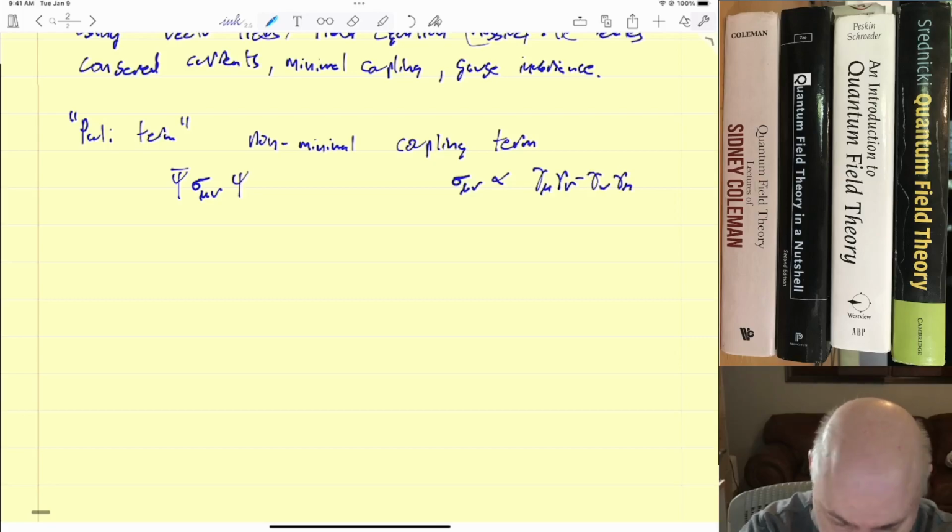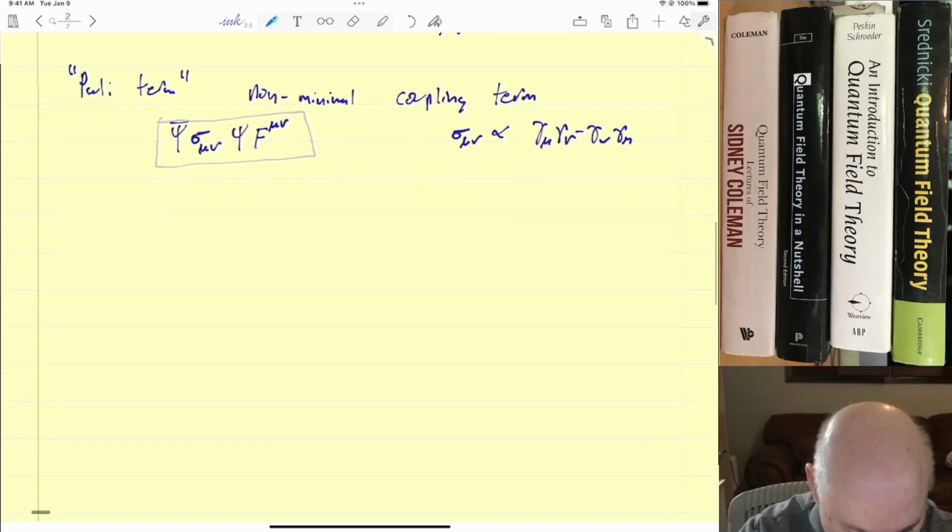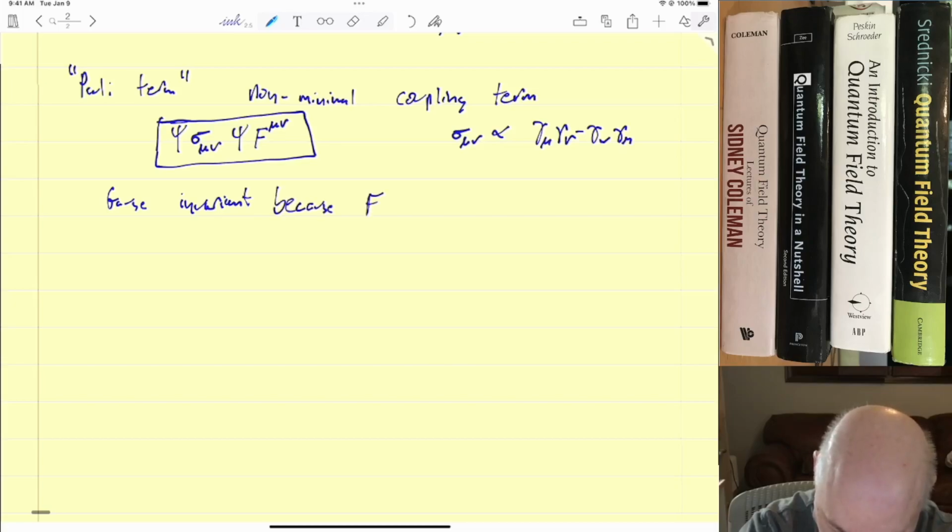It's the tensor term in the Dirac equation, Dirac gamma matrices, F mu nu. So this is the Pauli term over here. Now, it's gauge invariant, because F mu nu is. But it's not renormalizable.